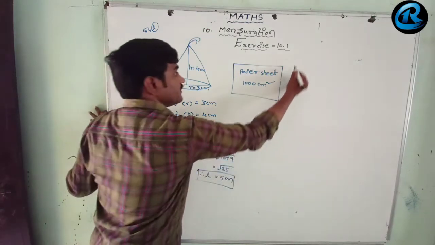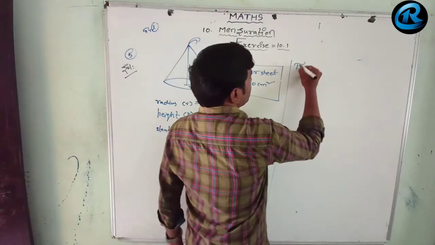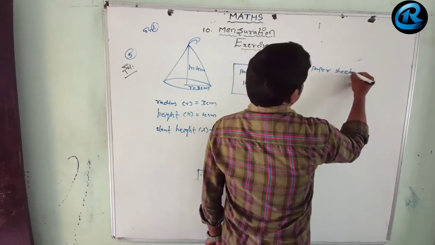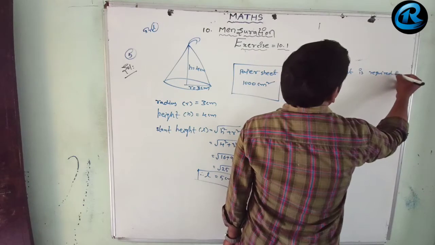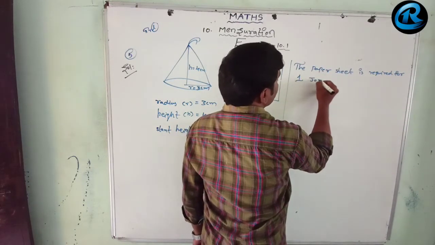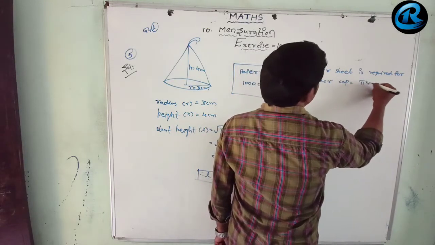Now we can write here the paper sheet required for one joker cap is equal to pi r l.